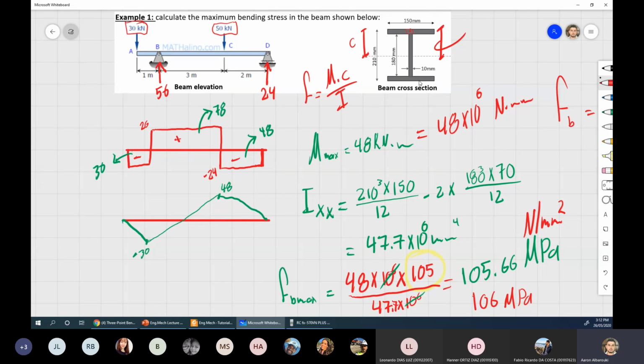And most of the time, not all the time, the critical flange is the compression flange. So these are the two flanges you have there. I will always be keeping an eye on the critical flange. In most cases, the compression flange is the critical flange. That flange will tend to buckle, to escape, run away. We'll talk about this later on. Okay? Does that answer your question, Fabio? Yes, now it makes sense.